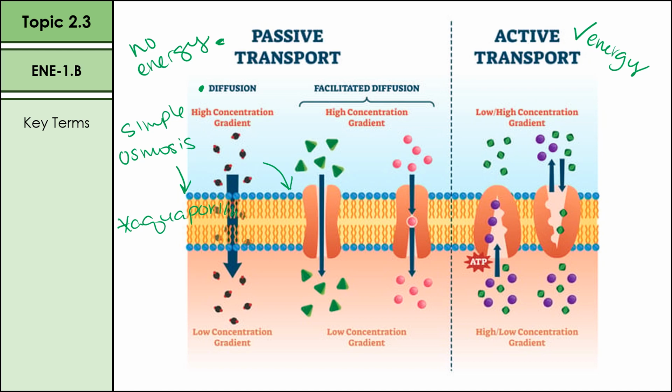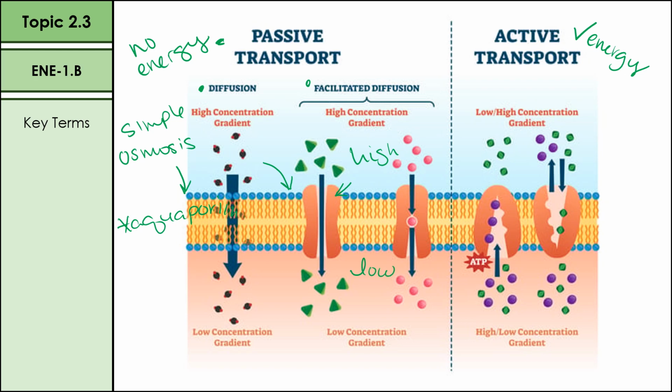And we can contrast that to the diffusion that requires the use of a protein channel. So that being facilitated diffusion because it needs help. Now, all of our passive transport is going from an area of high concentration to an area of low concentration.